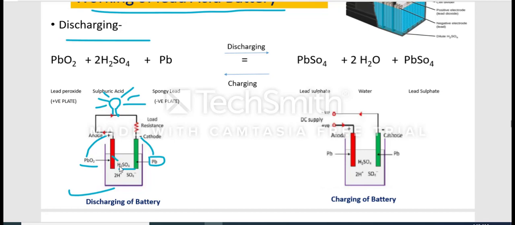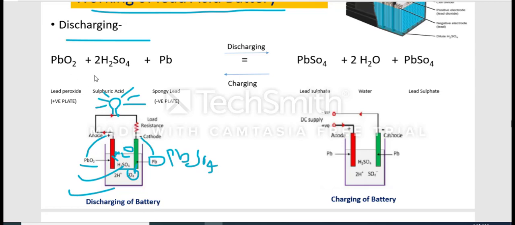Here H2 and O combine, and formation of water takes place, and the negative SO4 ion moves towards the Pb and forms PbSO4. Because of this, there is an increase in the quantity of water. Here dilution of the solution takes place, or a dilute solution of H2SO4 is there, means the concentration of H2SO4 is decreasing. So this is the discharging process of the battery.